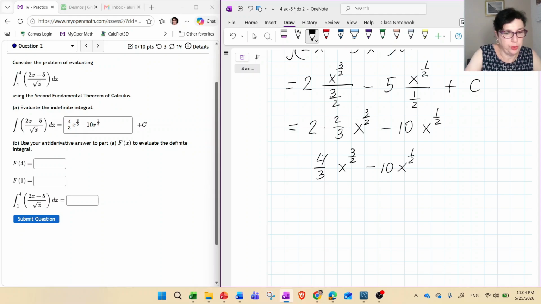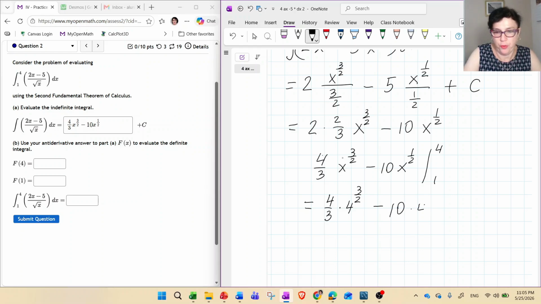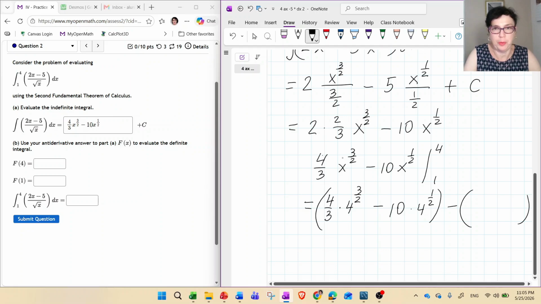So I'm going to draw that vertical line, and put the bottom limit as 1 and the top limit as 4. And I always start with the top. I will have 4/3, then 4 to the power 3/2 minus 10, 4 to the power 1/2. Then I'm going to subtract the same thing, now plugging in 1.